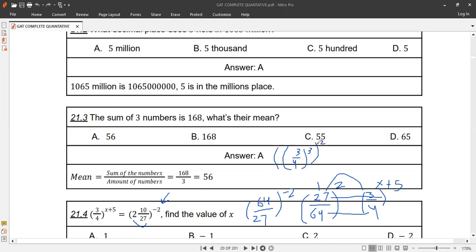And as you know, power of the power is multiplying them. So this becomes 3 over 4 power 6. Now this and this, they have the same base. So the exponents will be equal. So x plus 5 equals 6. This means x equals 1.